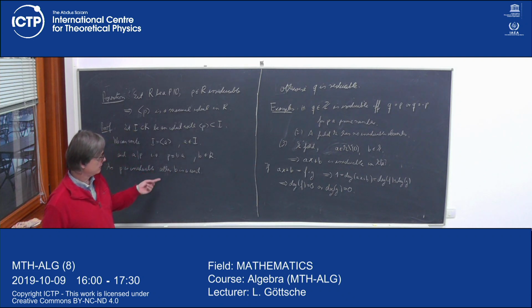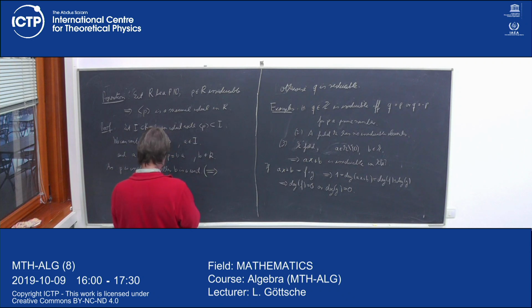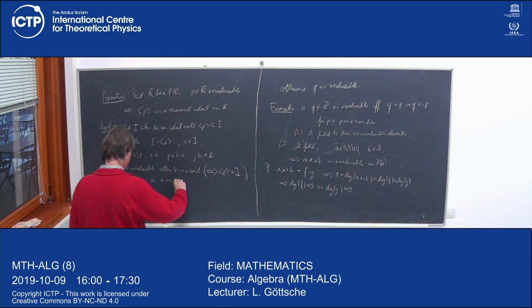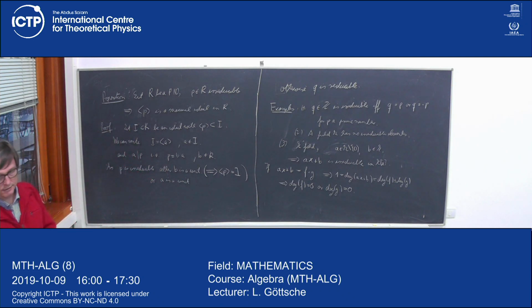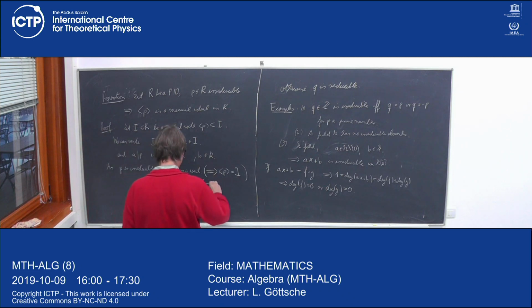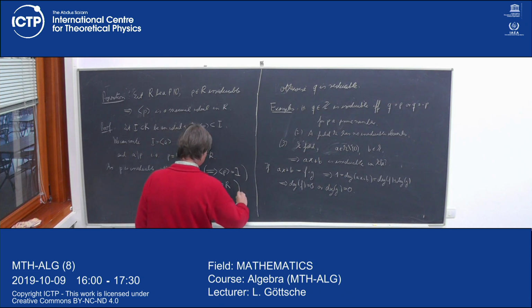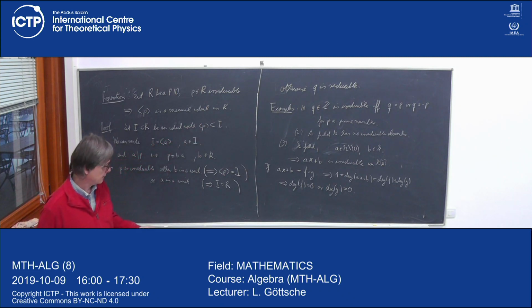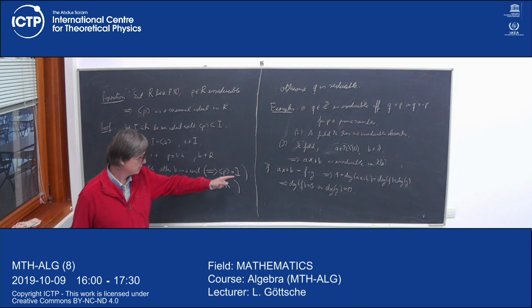We know that the ideal generated by something and by something multiplied by a unit is the same, so it follows that P is equal to this A, which is I, or A is a unit, and we know that the ideal generated by a unit is the whole of R. And so altogether we see that the ideal P was a maximal ideal, because any ideal which lies between it and R must either be equal to it or to R.